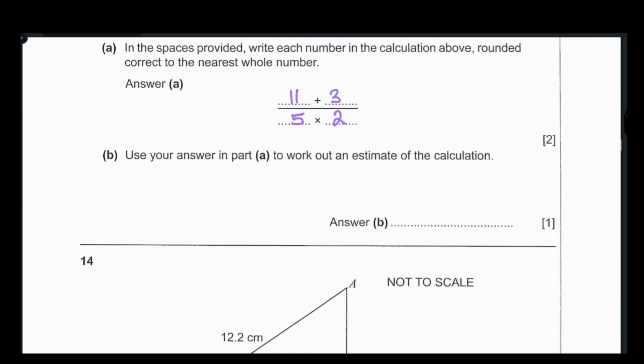Use your answer in part A to work out an estimate of the calculation. 11 plus 3, that's 14, divided by 5 times 2, that's 10. So 14 divided by 10 is the same thing as having 14, then we move the comma 1 time.